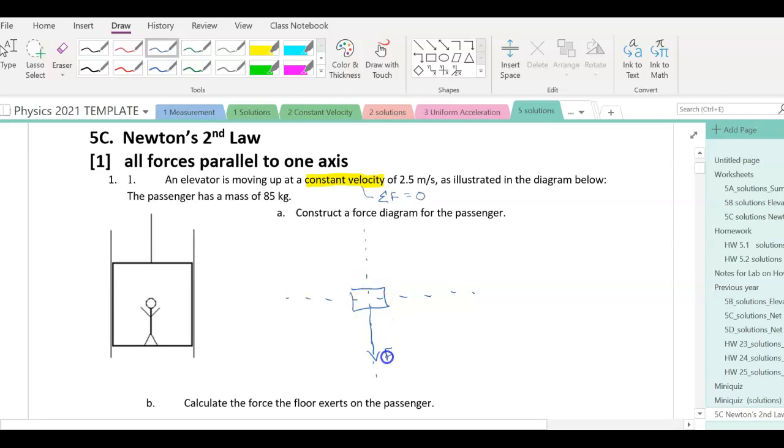Of course there's a gravitational force pulling the man down toward the center of the earth, and he has a mass of 85 kilograms, and so his weight, or the force of gravity on him, is 833 newtons. And then the floor of the elevator is supporting his weight, so there's a normal force being exerted on the man by the floor of the elevator.